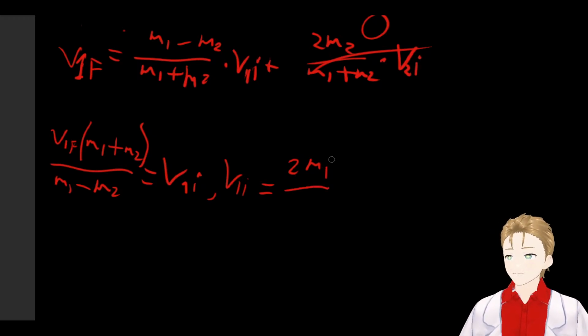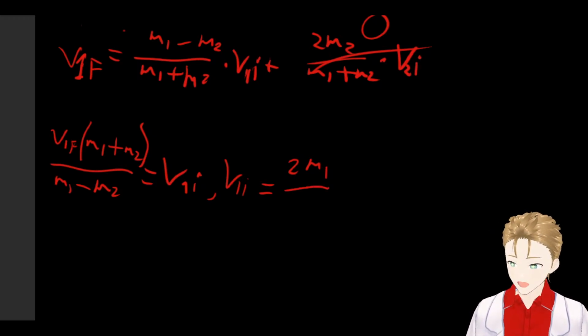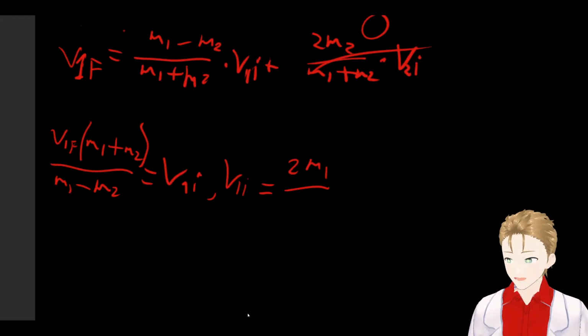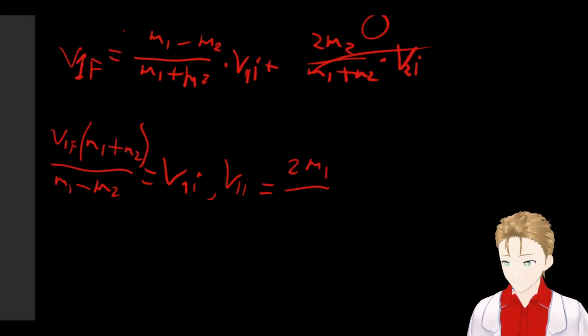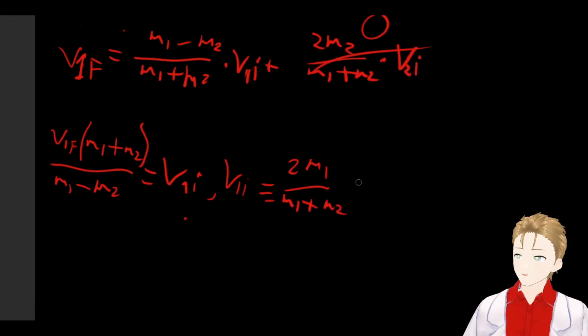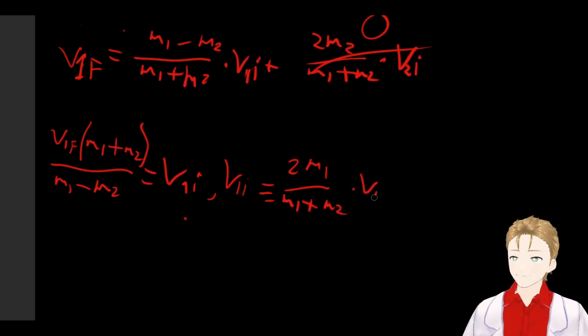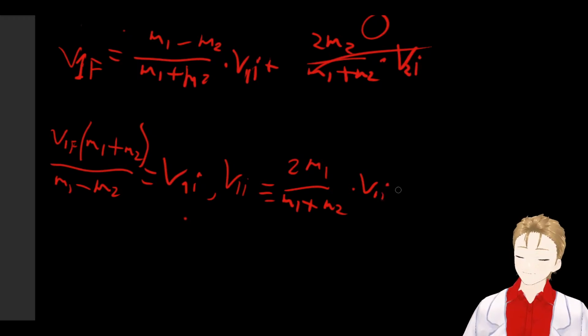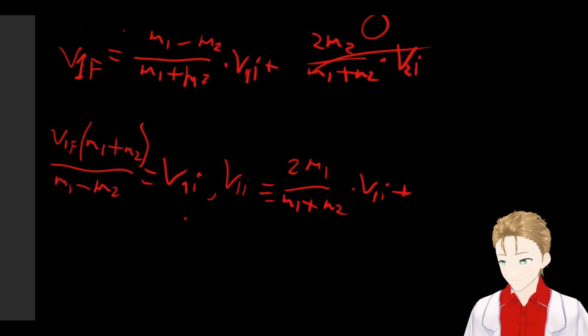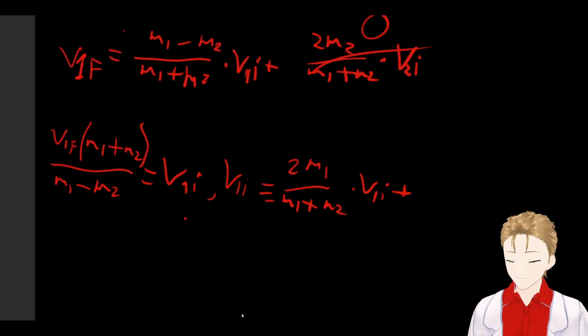M1. Wait, what? M1 plus M2 times velocity. I think 1 initial plus, or maybe it's 2 initial actually. Which one is it?